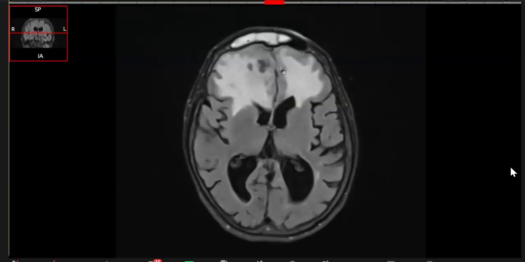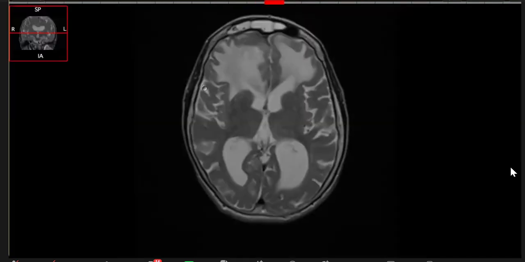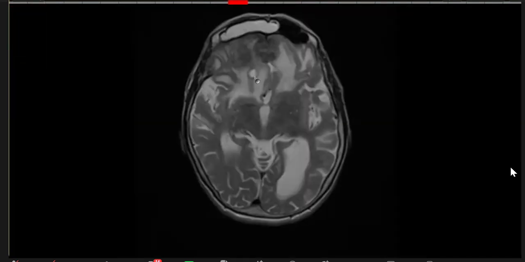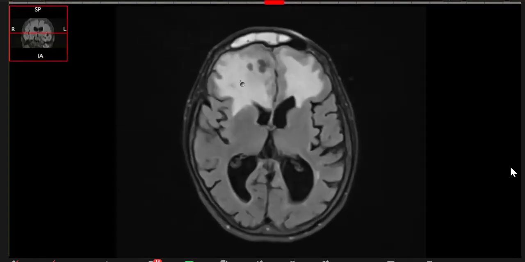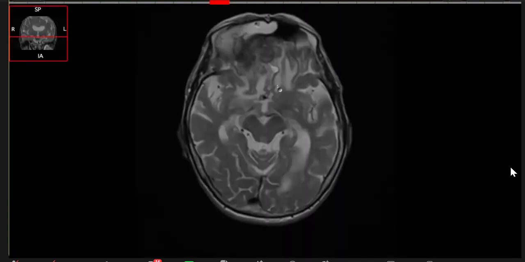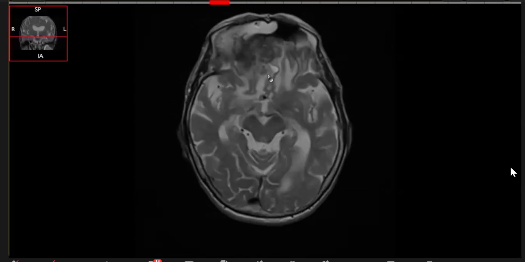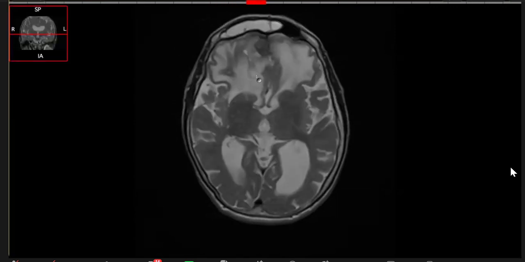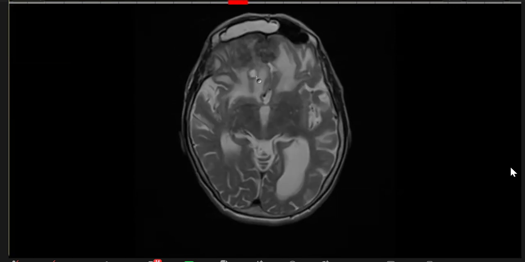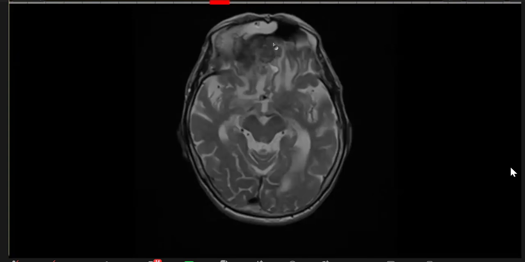And here, where I'm pointing out, are there any cysts? Yes, there are. Do you see these cysts? If I go back to the FLAIR, here you are, this low signal, confirm it on a T2 weighted sequence. And what did you read? You read that, in the intracranial component, peritumoral cysts are characteristic, is the word which is used.